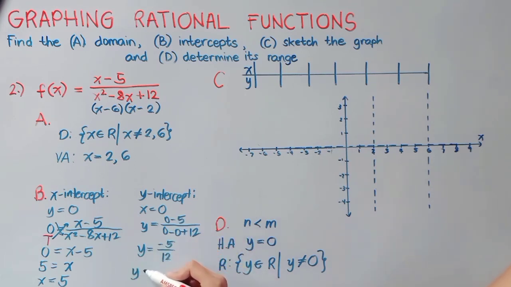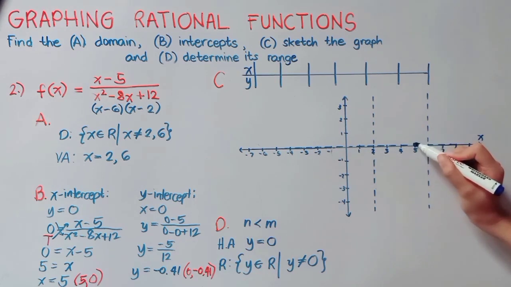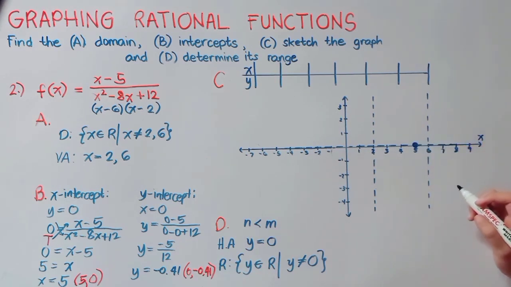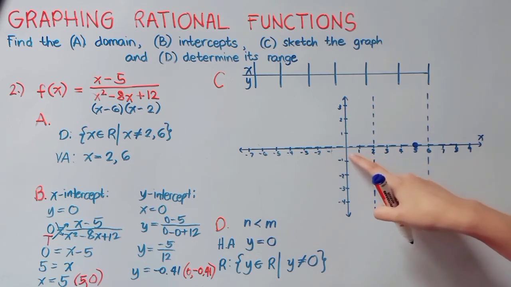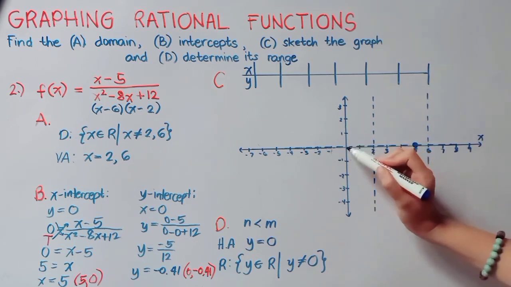That is our y-intercept, or in decimal, that is negative 0.41. So our corresponding points from the intercepts are 5, 0, and 0, negative 0.41. Plotting these points, we have 5, 0, and the other one is 0, negative 0.41. So it's here.